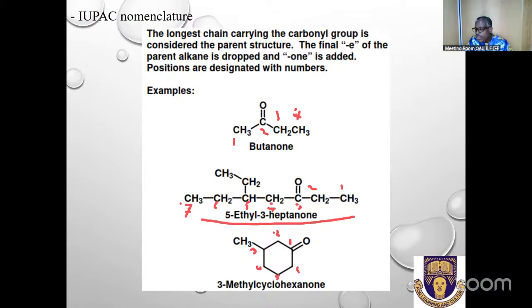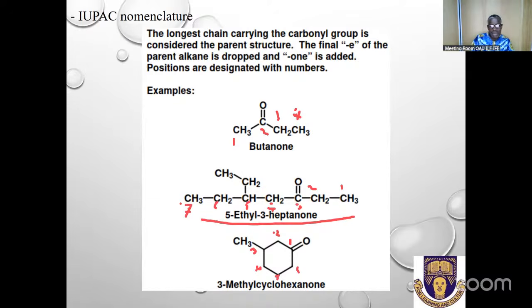You say why anti-clockwise? I said we can go either clockwise or anti-clockwise. It doesn't matter. What matters is you must go either clockwise or anti-clockwise to give the carbonyl functional group the smallest number, as well as the substituent. So you can see for this methylcyclohexanone, if we go clockwise, giving 1 to the carbonyl, then this will be 2, this will be 3, this will be 4, then the methyl will be 5-methyl.